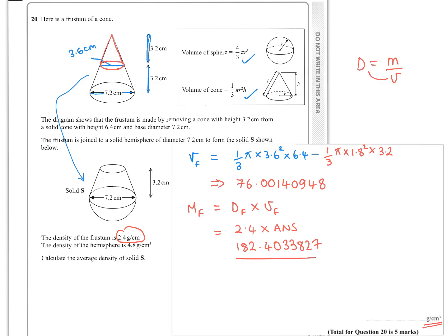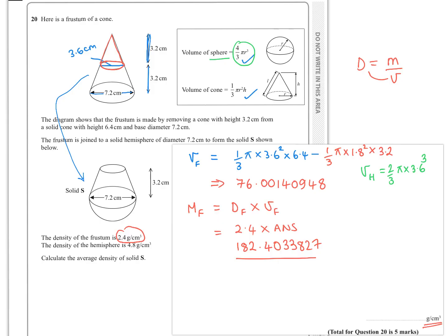And what I'm going to look at next is the volume of the hemisphere. So if it's a hemisphere, we need to halve what the sphere would have been. So it's going to be 2/3 of pi times the radius, which is 3.6 cubed.